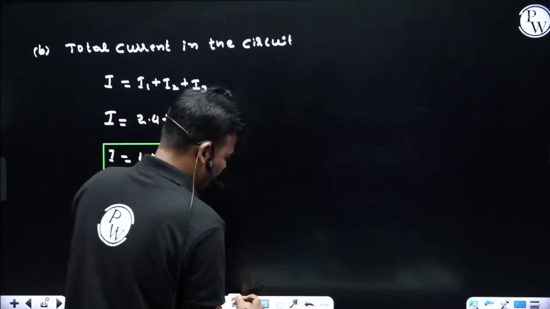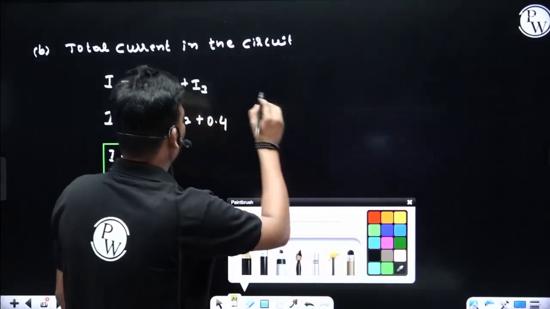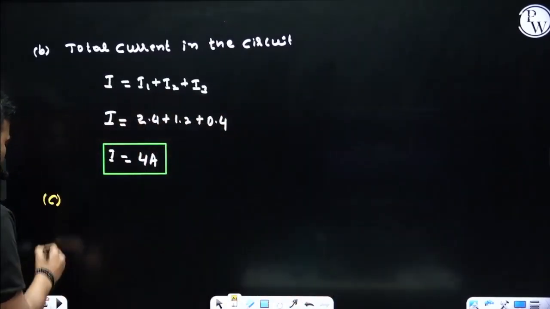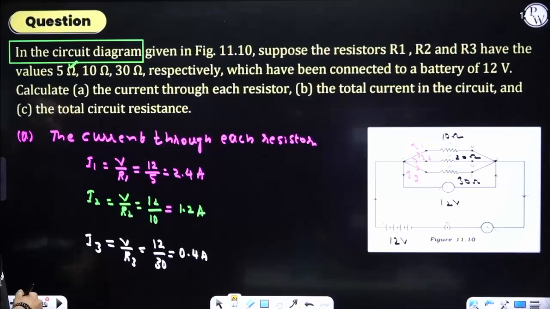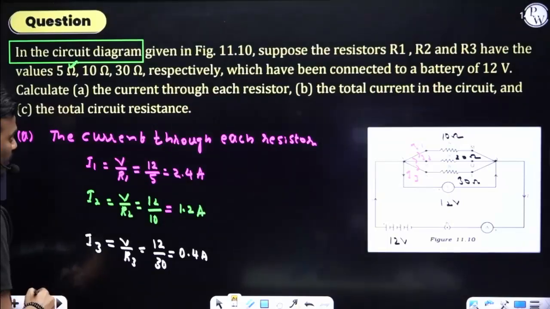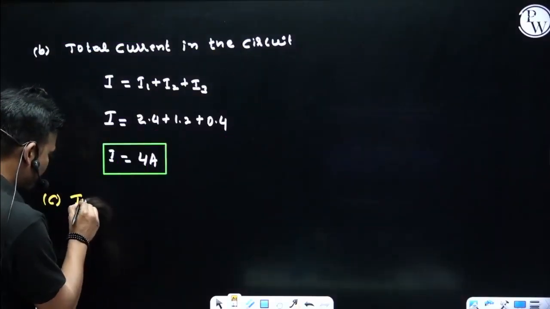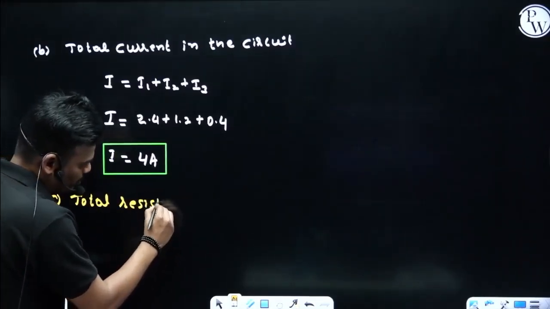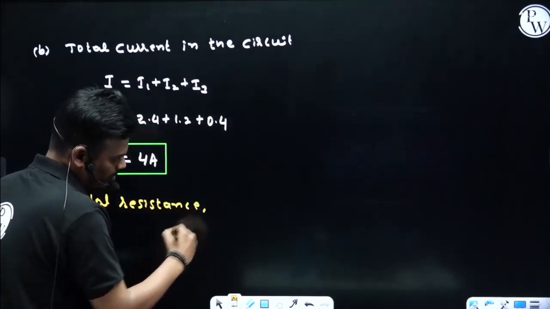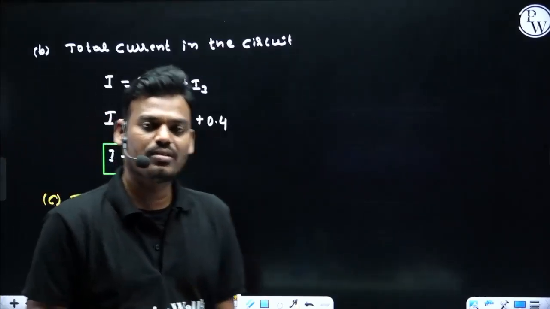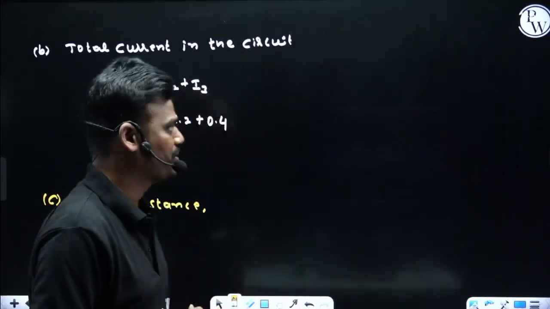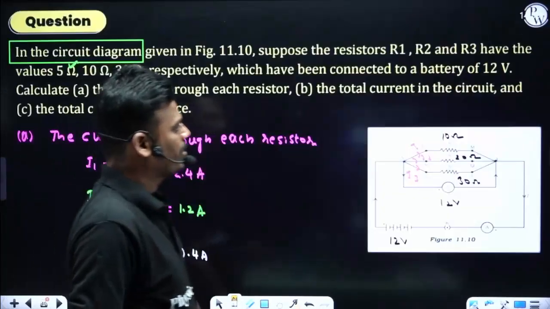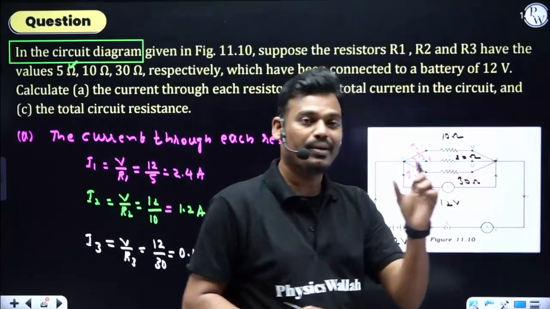The next one, point C. What they have asked is the total circuit resistance, means total resistance. What is the combination? The given combination is a parallel combination. Why, sir? Why parallel combination? All the resistors are connected between 2 points.